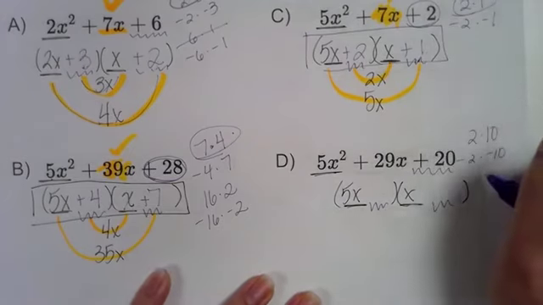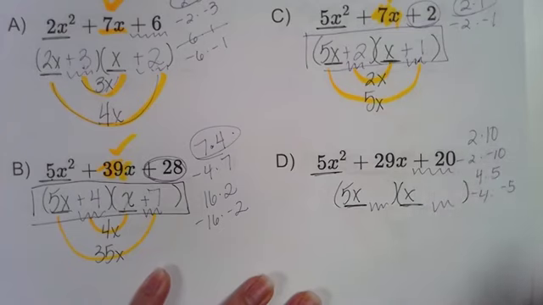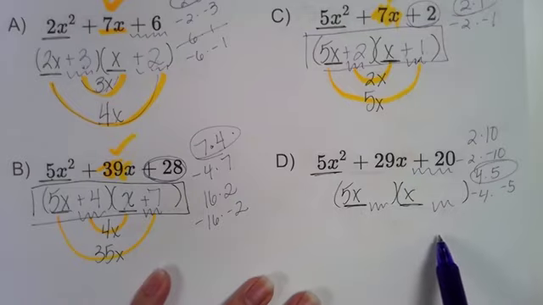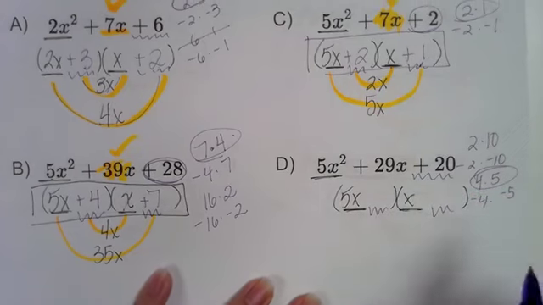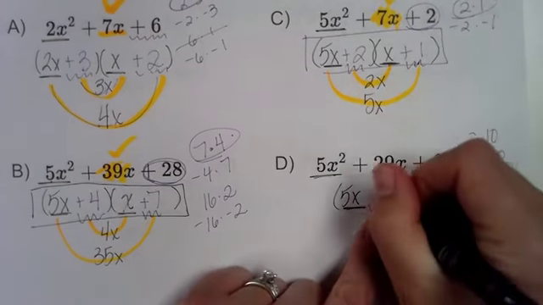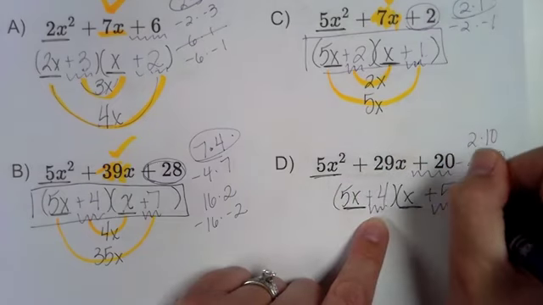What else we got? 4 times 5 or negative 4 times negative 5. And 20 times 1. What do you want to try? 4 times 5. All right. Where should we put the 4? On the left. Positive 4, positive 5.